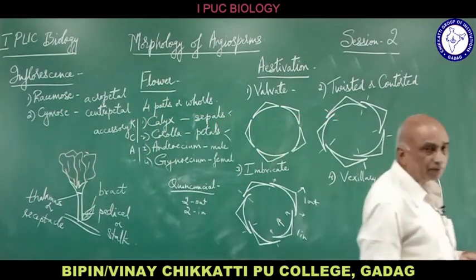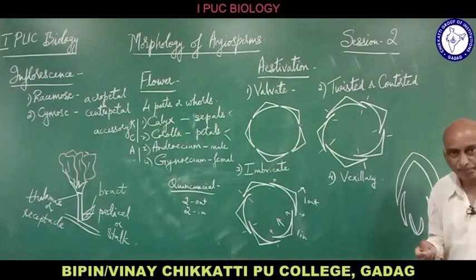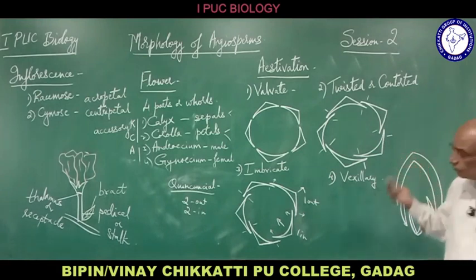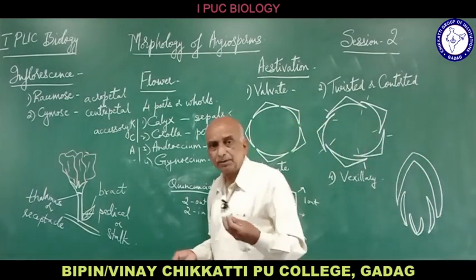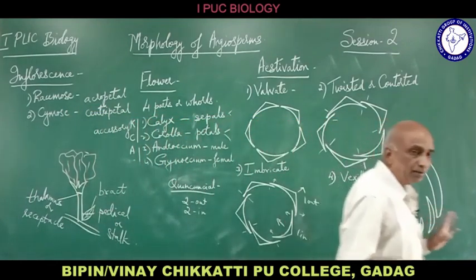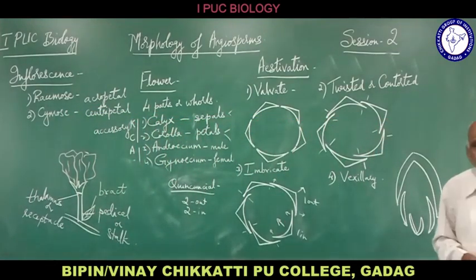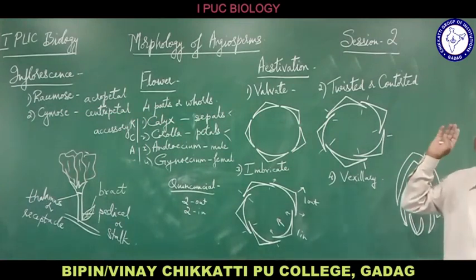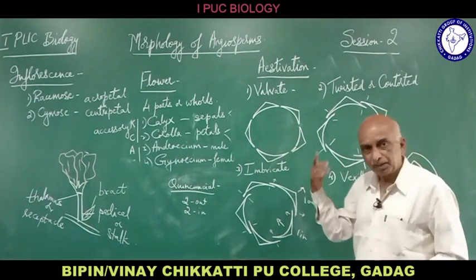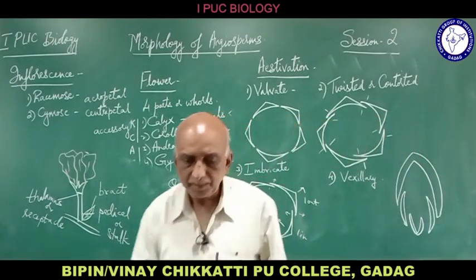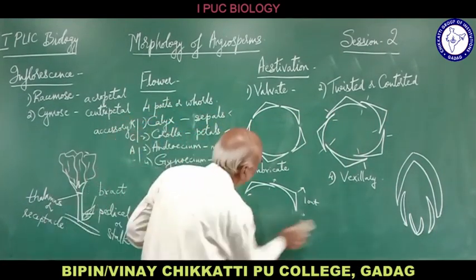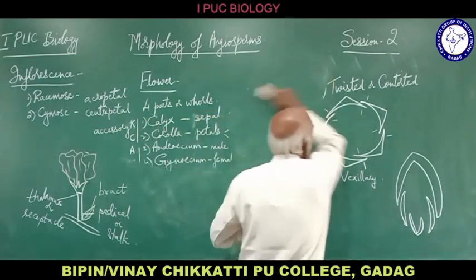We see frogs commonly in the rainy season. That means in the unfavorable seasons, in the other seasons, it remains inactive, and to escape this extreme temperature, that is called estivation. So we should remember that estivation has two meanings. In relation to flower, this is what is estivation. In relation to animals, that is about estivation. So that is the arrangement of the calyx and corolla, which we call estivation.